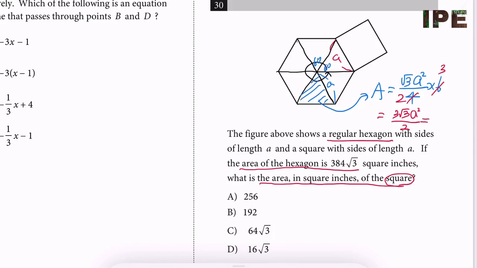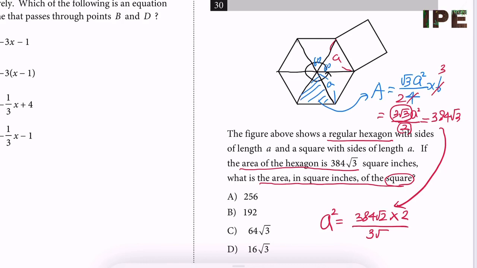It is given that it is 384 root 3. So from that equation, a squared is equal to 384 root 3 times 2 divided by 3 root 3. So root 3 crosses out.